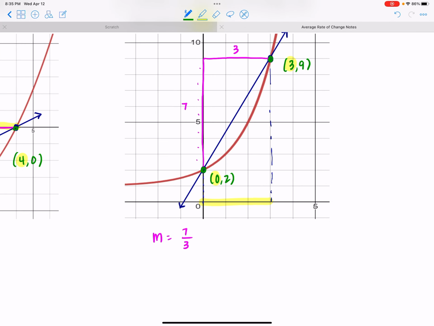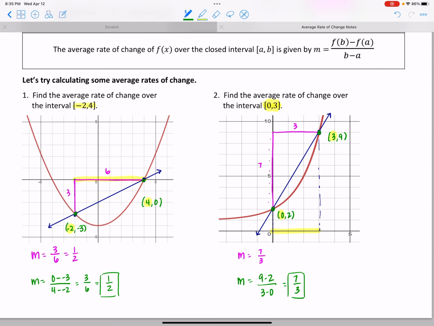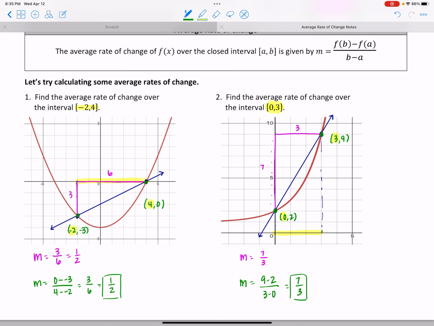Using the formula, y2 minus y1 would be 9 minus 2, x2 minus x1 would be 3 minus 0, and I get the same exact 7/3. It's just a matter of which way you would prefer to calculate it. And again, a positive slope makes sense. That's definitely an increasing portion of the graph. So there's the average rate of change using a graph.